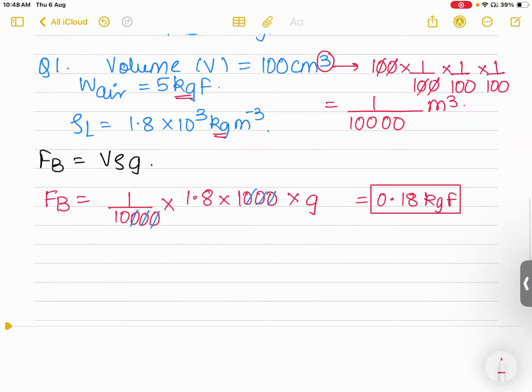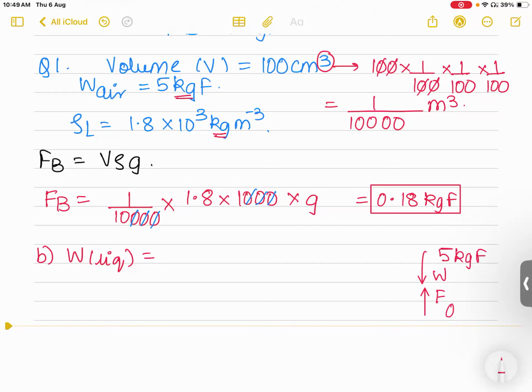Second, students, they need to find out what is the weight of the object in the liquid. So when I try to dip this object in the liquid, we know that it will feel lighter, right? Why does it feel lighter? Because there is upthrust which is pushing that object upwards. Its original weight is trying to act downwards, and at the same time, FB is trying to push it upwards. So its original weight is 5 kgf.